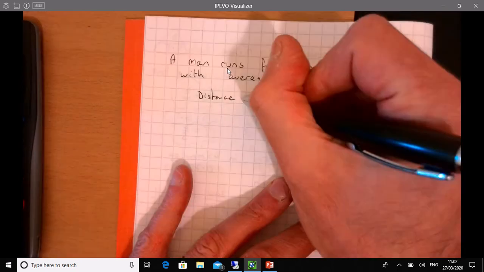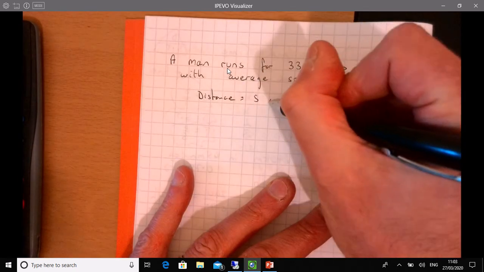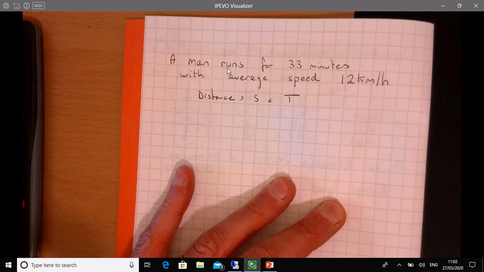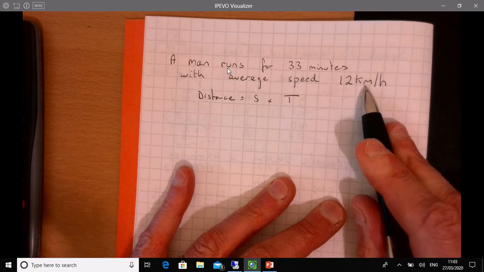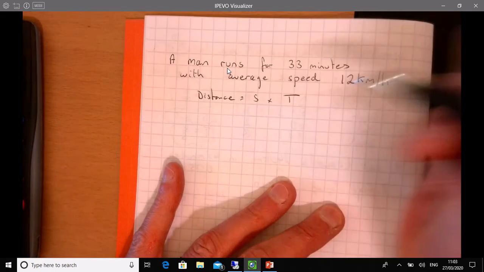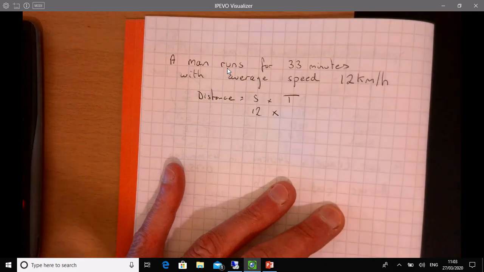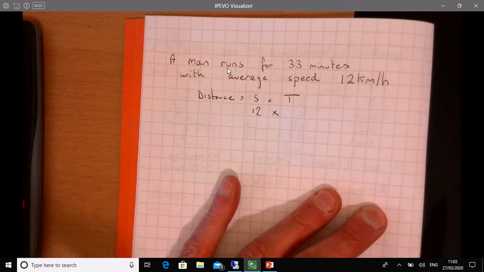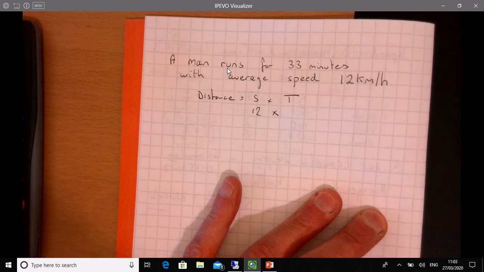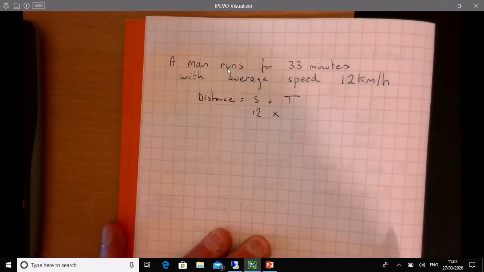The distance is equal to speed times time. Speed isn't a problem. So we're going to have 12 multiplied by 33 minutes. Now lots of people end up multiplying by 33.